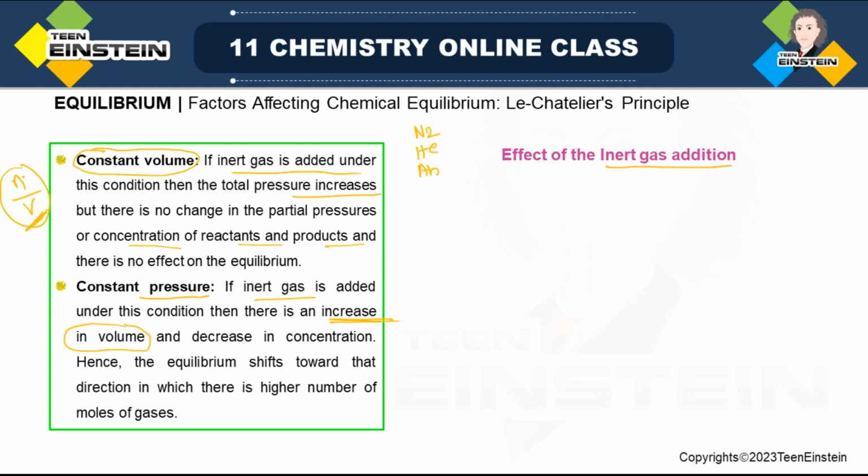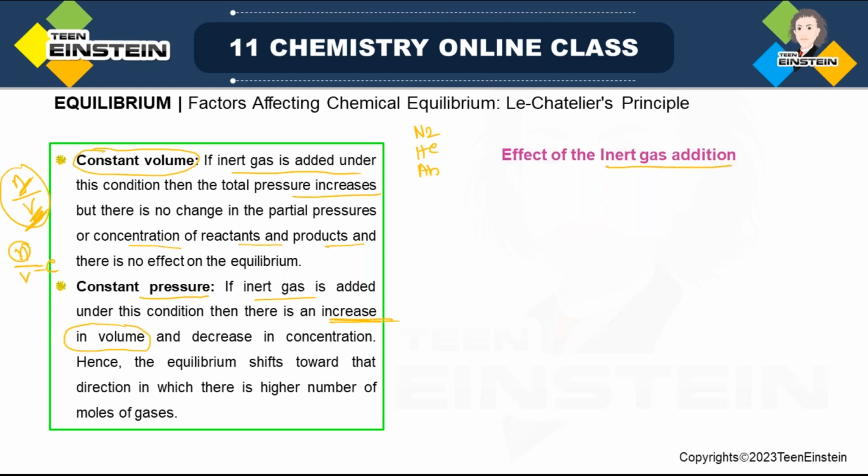So to maintain the same concentration, the equilibrium will shift towards the direction where N is also high, because you have increased V. If you want to keep the same N by V ratio, which is basically concentration, then N should also increase, and only then will the ratio remain the same. So the system will move towards the direction where the number of moles is high.